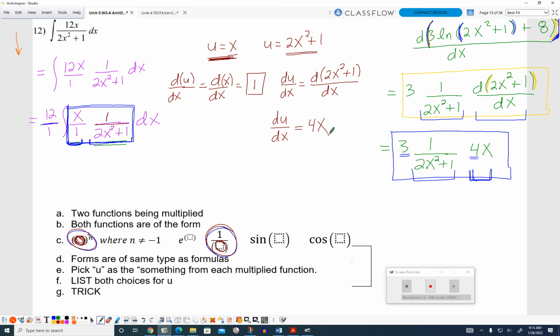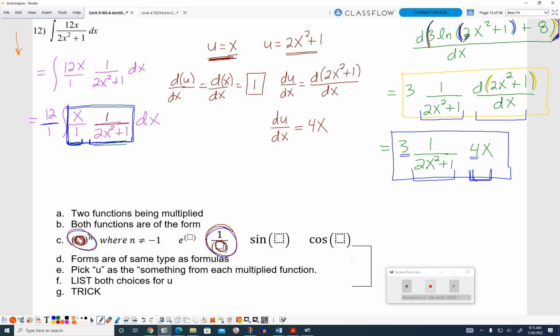Okay, so back to Maddie's question. We have to figure out which U actually works. Here's how you know. You come back over here and think, where did this all come from?